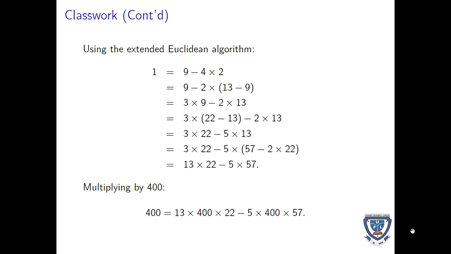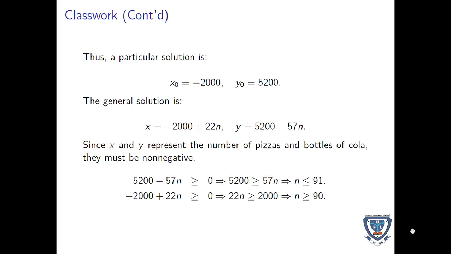Multiplying by 400 gives 400 equal to 13 times 400 times 22 minus 5 times 400 times 57. Thus, a particular solution is x0 equal to minus 2000 and y0 equal to 5200.